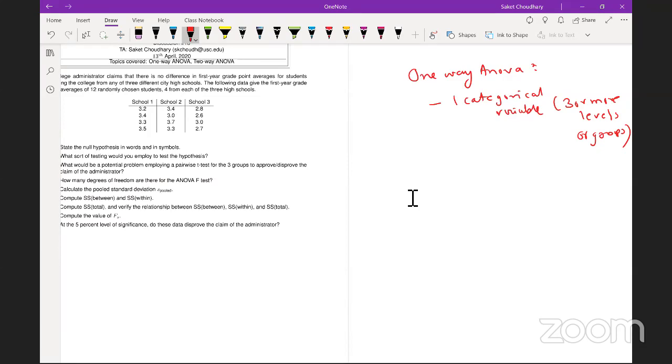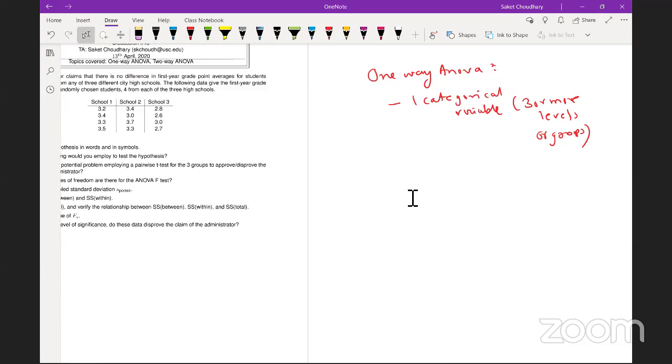So there's one particular categorical variable which has three or more groups. Last week we were talking about doing a treatment versus a control, but now we have more than two groups. So we want to figure out, given group one, group two, group three, are the means of these three groups equal or not?